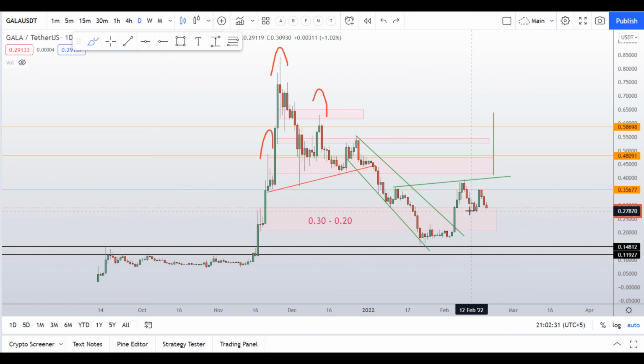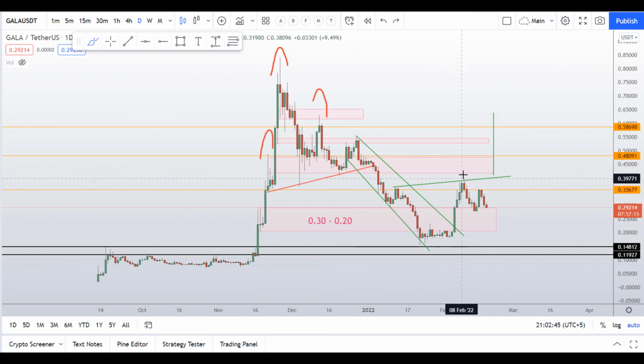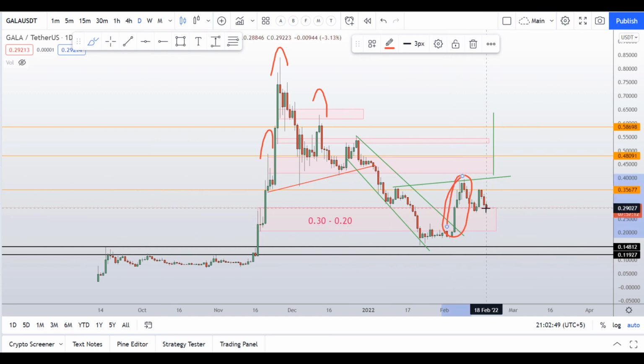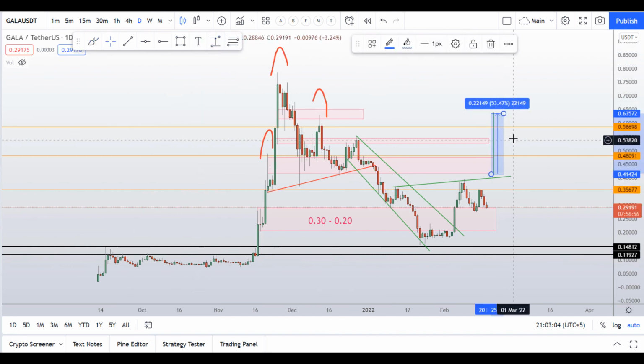Right now we are just anticipating that price will close above this and break out and give us a target here. So right now this bullish price action is looking good, and in my opinion, if we see a recovery in the Bitcoin, then we will see a breakout in the Gala coin here as well, and that will give you a nice 53% gains trading opportunity here.